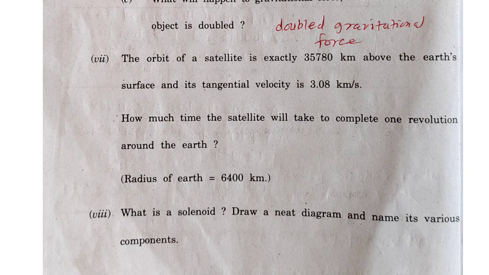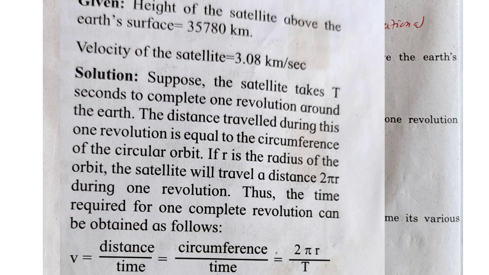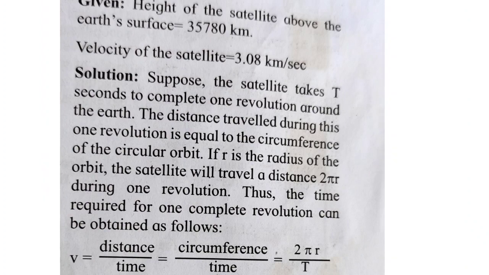How much time will the satellite take to complete one revolution around the earth? Radius of earth is given as 6400 kilometer.